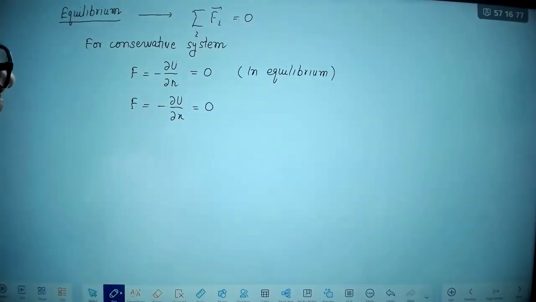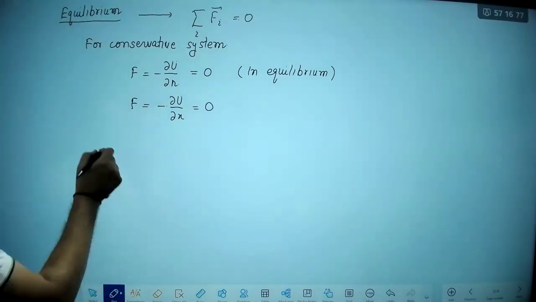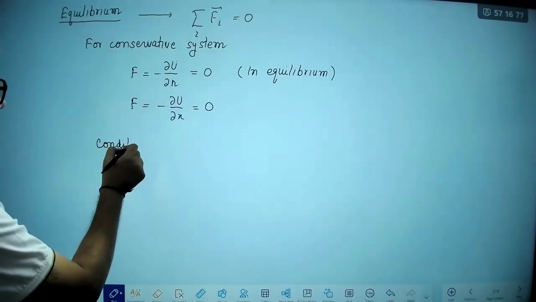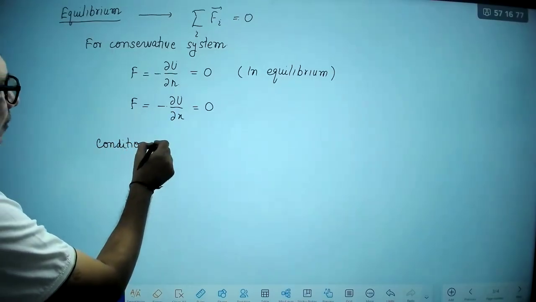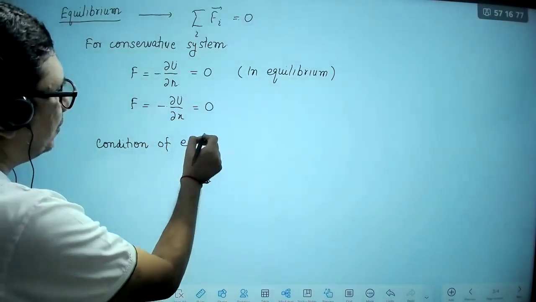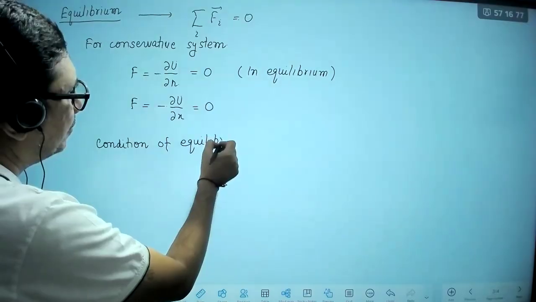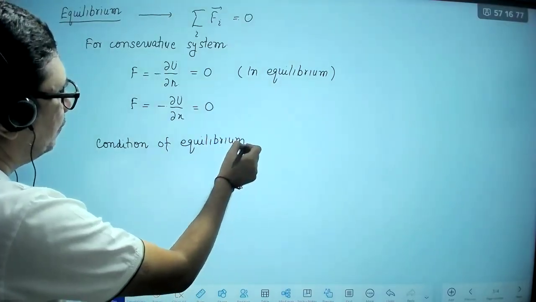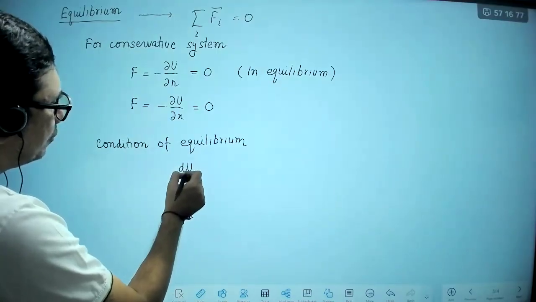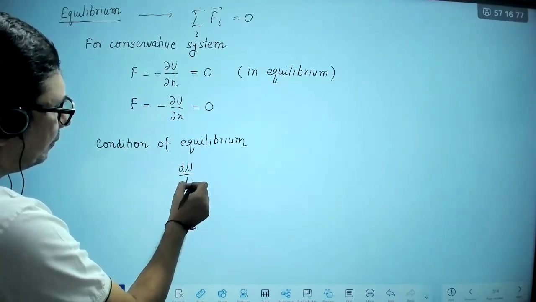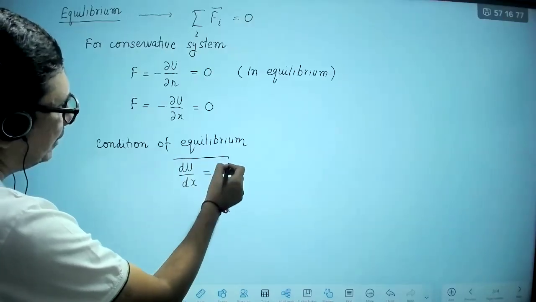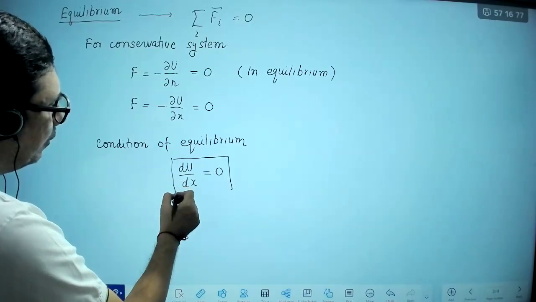So what will be the condition of equilibrium for the conservative system? For a conservative system, the condition of equilibrium will be del U, or if this is a 1D problem, you can also write dU by dx equal to zero.